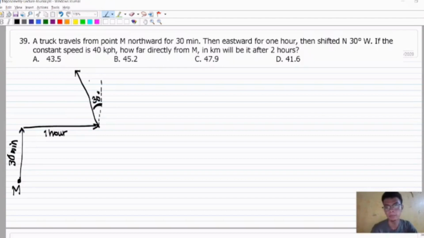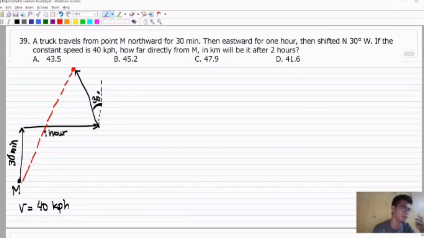If the constant speed is 40 kph, so i-list down natin that the speed is 40 kph. How far directly from M in kilometers will it be after 2 hours? Sabihin natin nandito na siya after 2 hours. And sukat daw natin gaano kalayo yung point na yan from the point M. And that is simply the resultant.